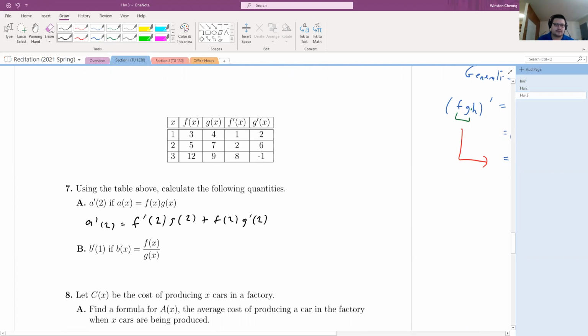Okay, and so now we're just reading data off of our table here. So f prime at 2 is just going to be 2 times g at 2, which is 7, plus f at 2, which is 5, times g prime at 2, which is 6. And so we get 14 plus 30, which is 44.